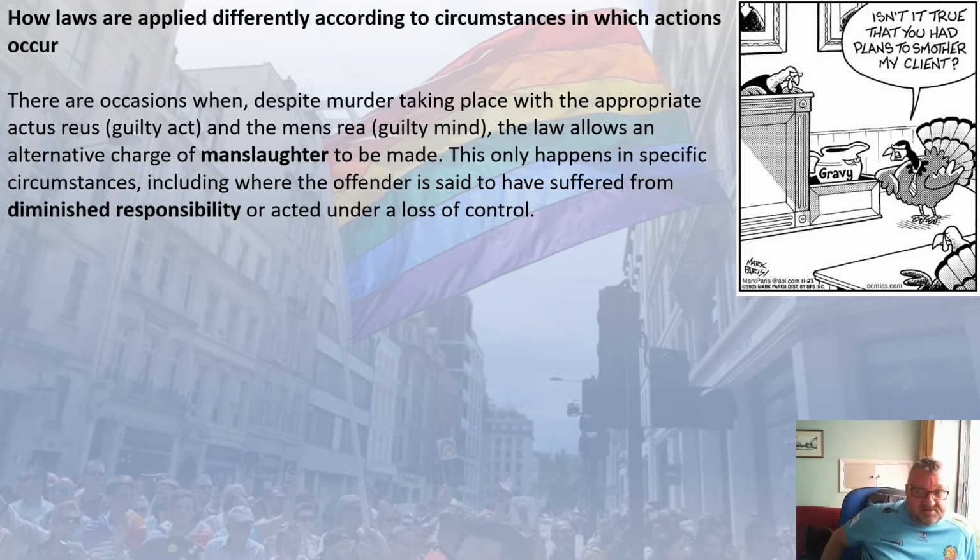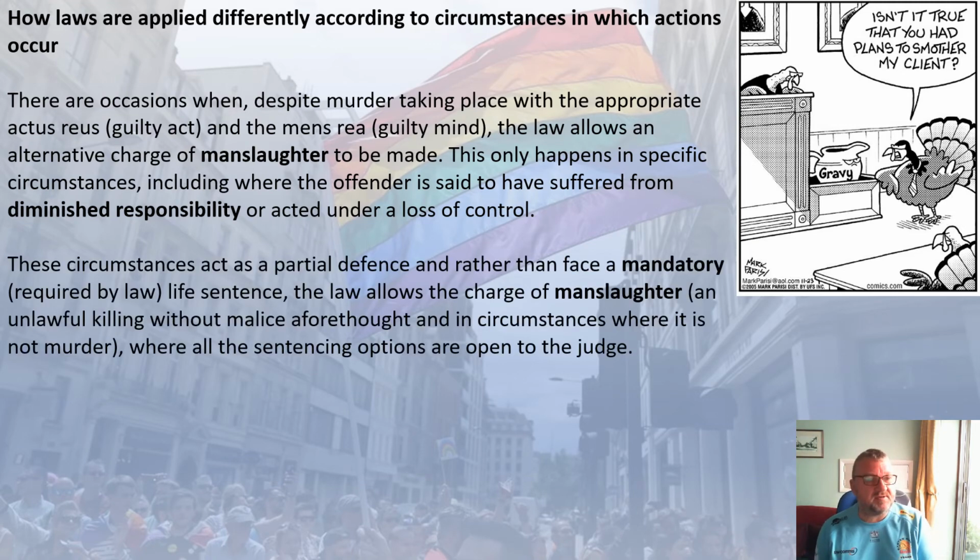Now, manslaughter only happens in very specific circumstances, and that includes when the offender is said to have suffered diminished responsibility or acted under a loss of control. So there are extenuating circumstances that can be applied. These circumstances effectively act as a partial defence.